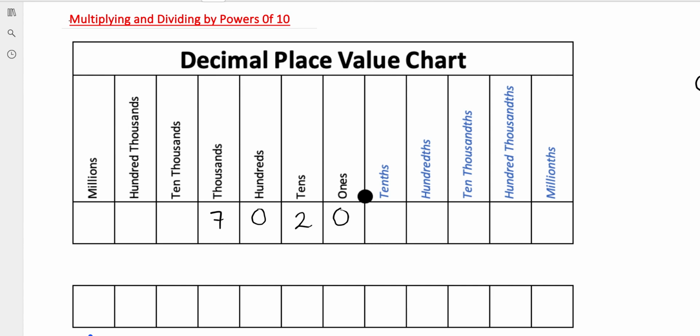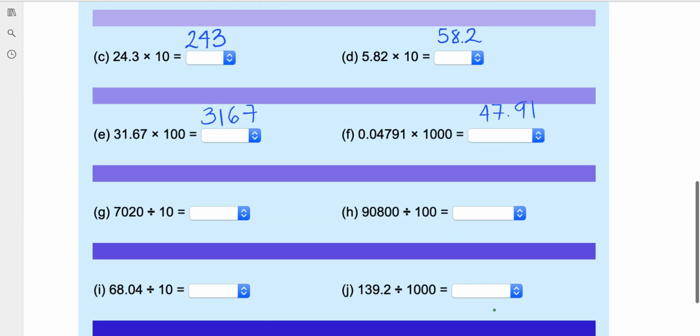So now I'm going to go to the right. Divided by 10 only once. Agree? So this one goes here, and then 207, and my decimal point remains in the same place. So my answer is 702. I don't need the 0 because it's not in the middle, it's not a placeholder. So 702.